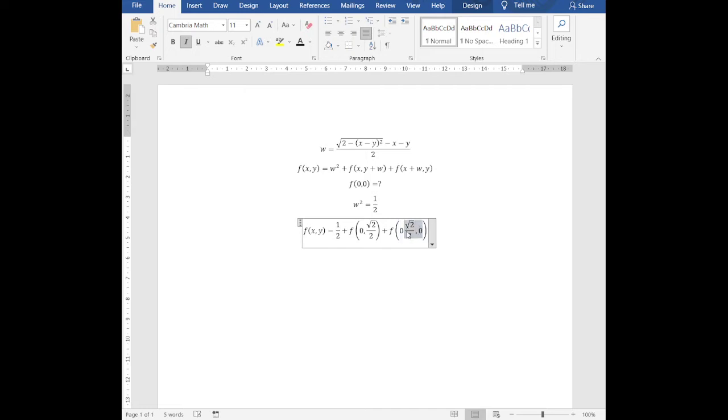Sorry, it's not being multiple. There we are. And we end up with this. F of x 0, 0 equals this. Which doesn't seem all that useful because we still don't know what f is.